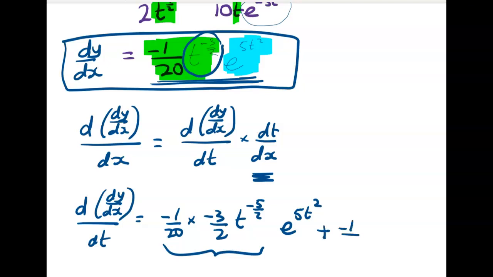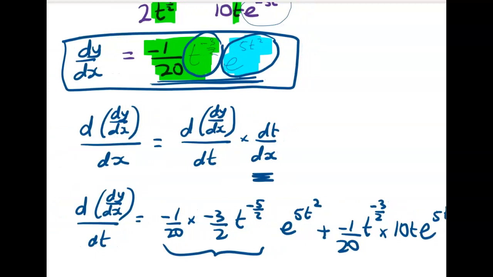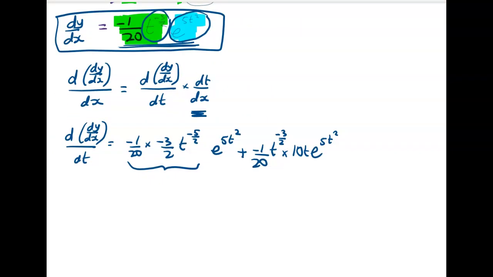Plus negative 1/20 t to the negative 3/2 times the derivative of this, which is going to be 10t e to the 5t squared. So I'm just going to shrink that a little bit so you can see it. Okay, so far so good, but I want to clean that up before I go any further.